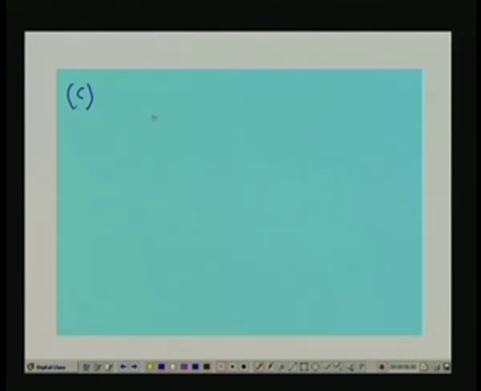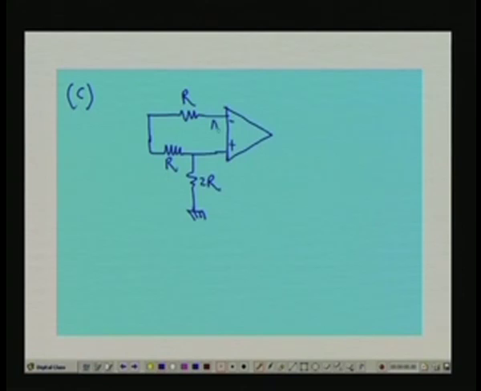The circuit looks like this. There is an op amp here. This is point A, and all the 4 resistors are as usual as before, but we have taken 1 plus X, so this is our RTD.